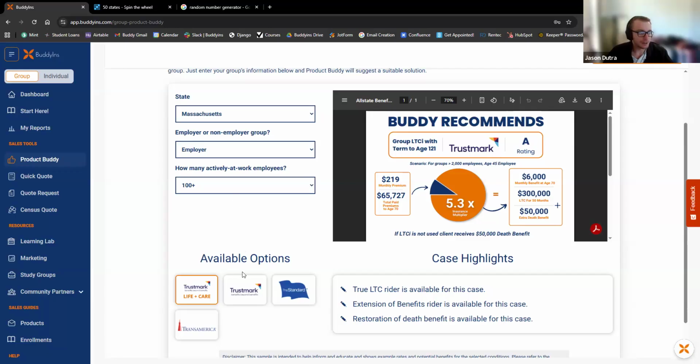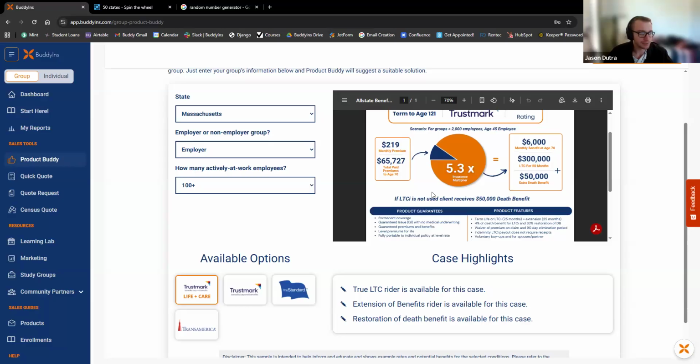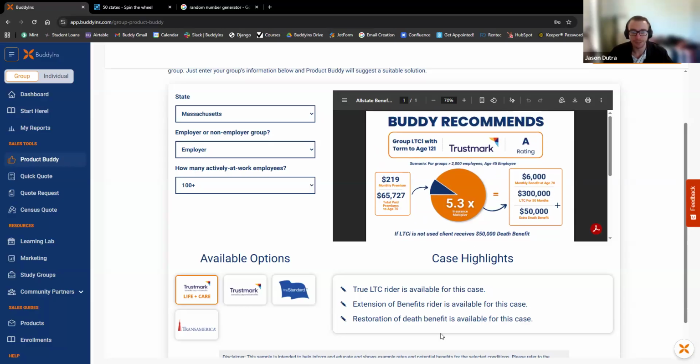So if we are, say, this isn't the easiest example here because Trustmark works a little bit different mechanically, but I'll give you an example of we have 100,000 of death benefit with a carrier, and we have 100% death benefit restoration. So normally with these hybrid plans, if we accelerate that death benefit for long-term care and use it in full, so 100,000 death benefit all used for long-term care, normally you would expect that death benefit to be kaput, nothing left, right?